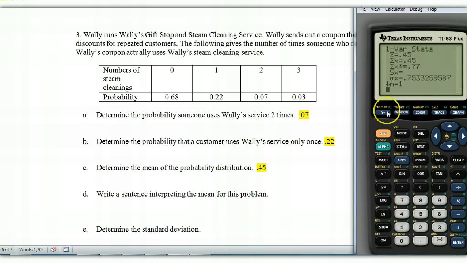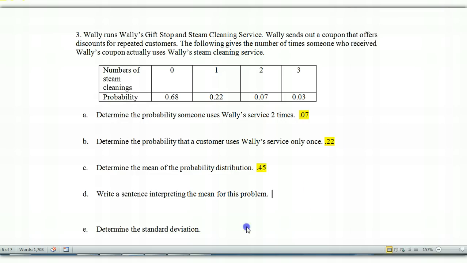Same thing there. But it also gives us the standard deviation there. So that's the big perk of doing it that way. So I'm going to skip down and do that one real quick. 0.7533. If you do choose to do it that way, it's going to give you both of them at the same time. So you could just basically answer both of those questions at once.